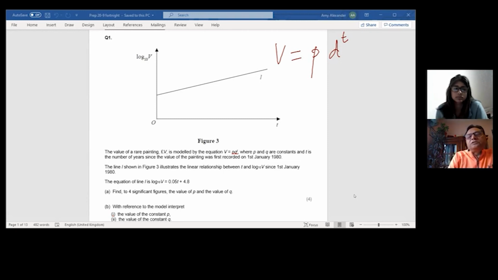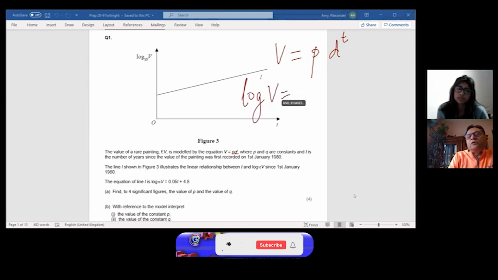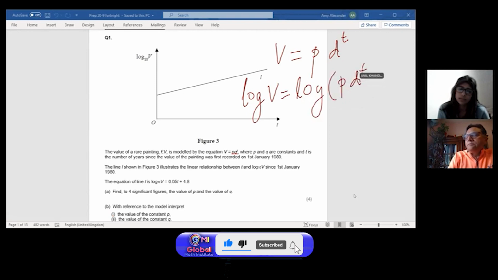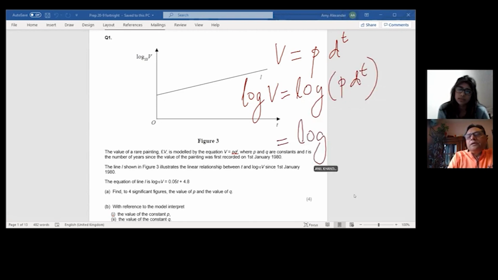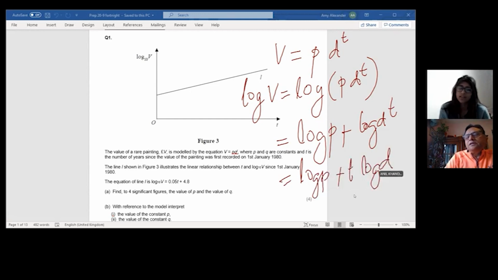So if I take log both sides, what happens? I get log of v equals log of p times d to the power of t. Applying the logarithmic rules, we get log of p plus log of d to the power of t, and that gives you log of p plus t log of d. Do you see that?